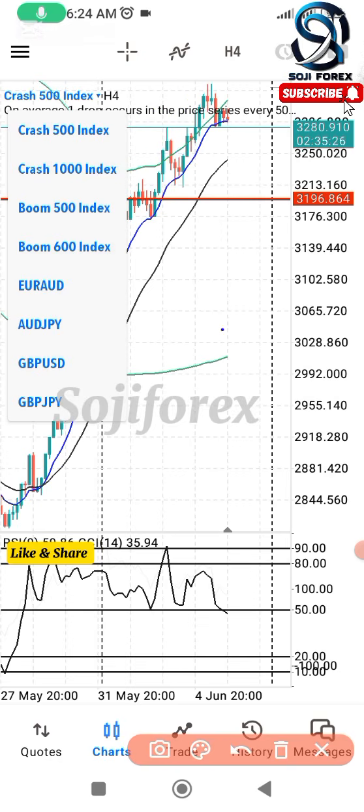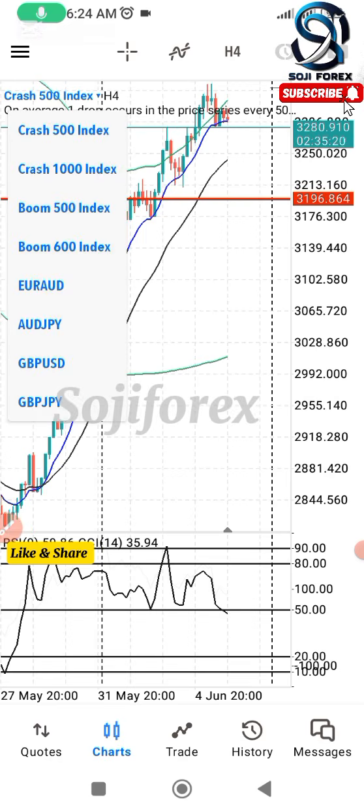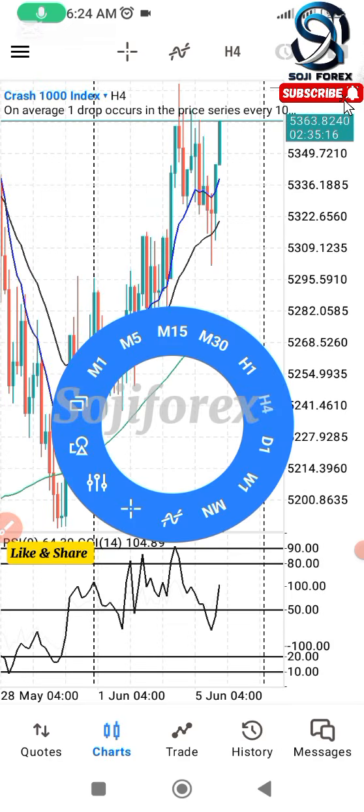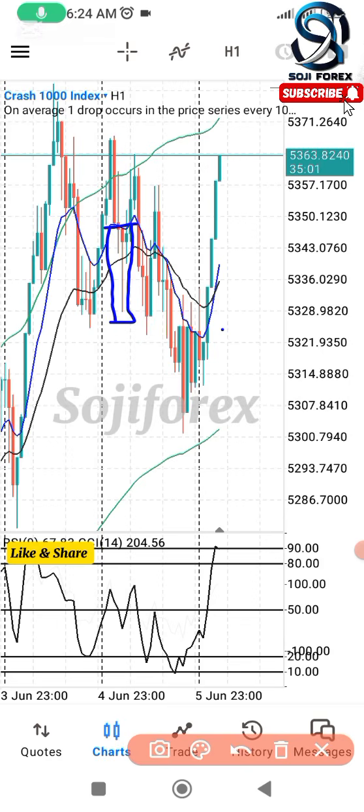And then secondly, you need to pay attention to this. There are many times, let me give you an illustration. This is Crash 1000, and I want to explain something briefly. For those of you in the group, yesterday, based on this bullish candle you are seeing here, this bullish pin bar, I gave a buy entry signal.